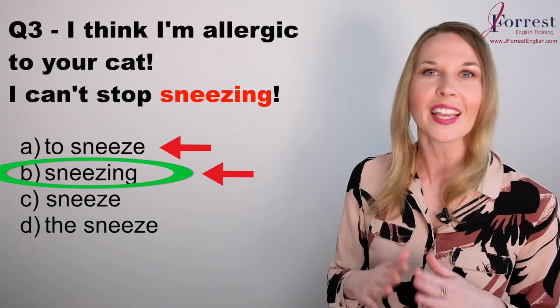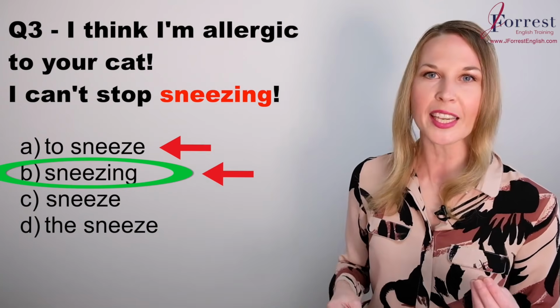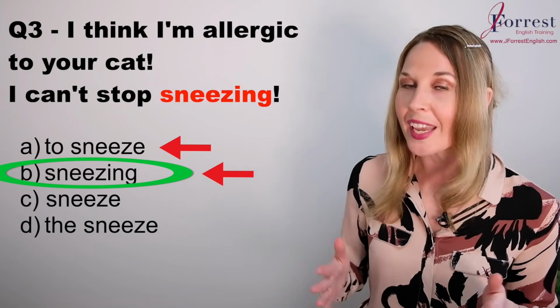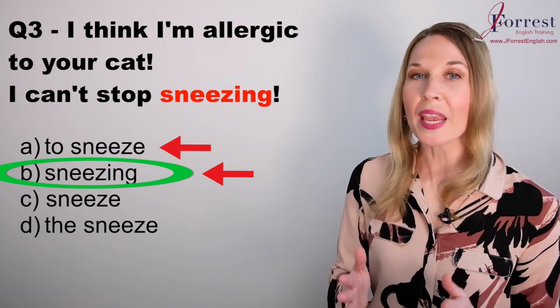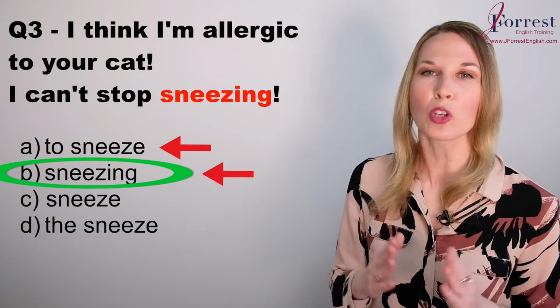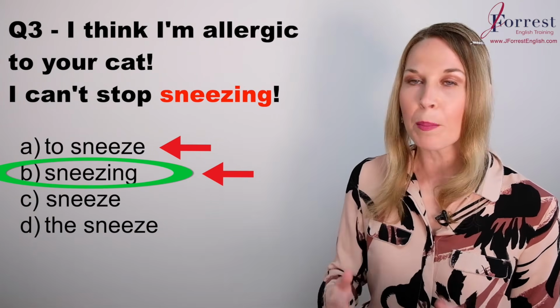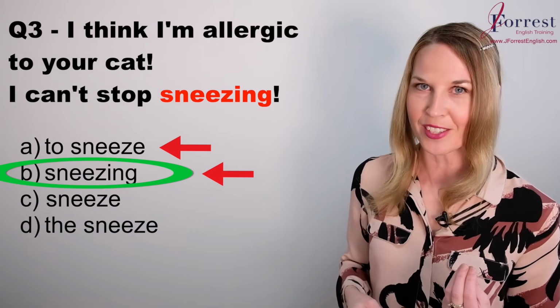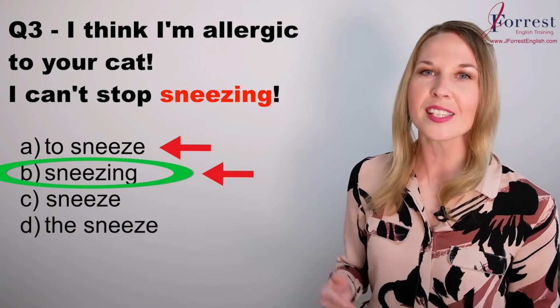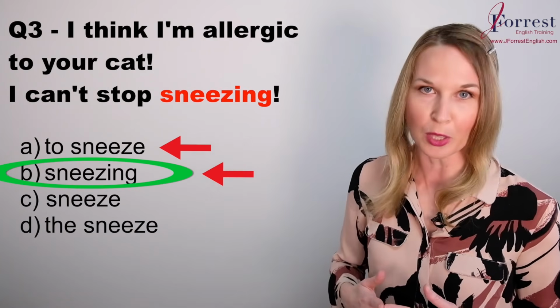But the meaning is different. When we're talking about no longer doing an action, we use stop plus gerund. And based on the context of the question, we're talking about no longer doing an action, so we need the gerund. If you want to learn more about this, I'll leave a link in the description below.